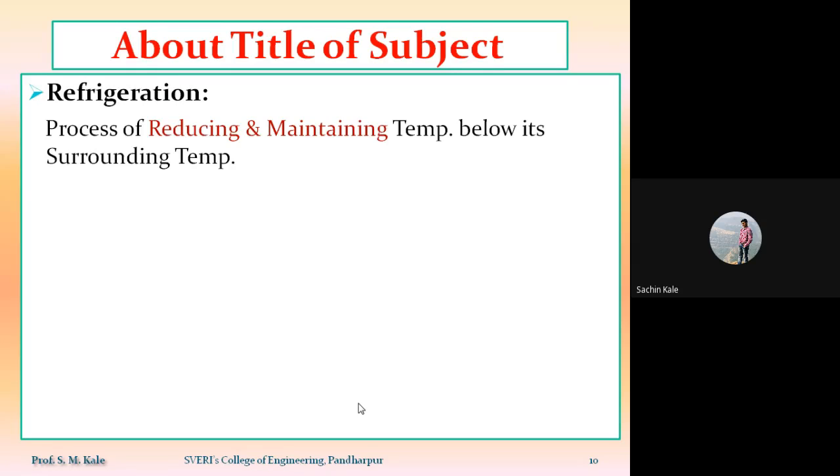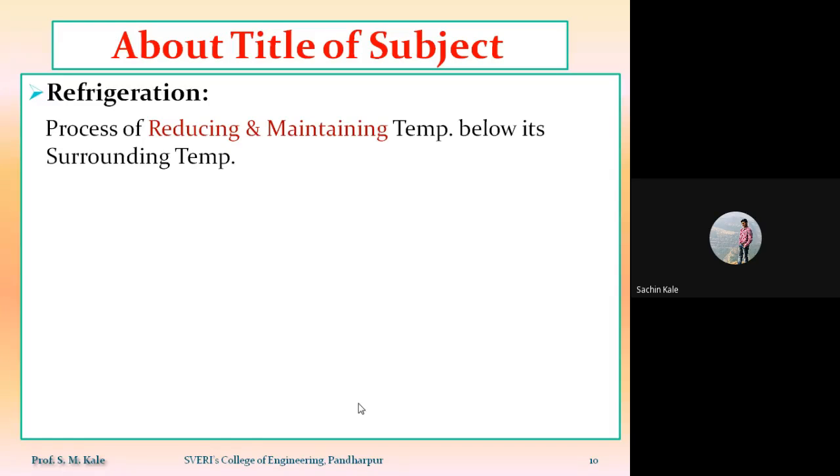After heating it, if you keep that iron rod open to the atmosphere, you will observe that the temperature of that iron rod slowly goes on decreasing, and after some time it will decrease up to the atmospheric temperature.